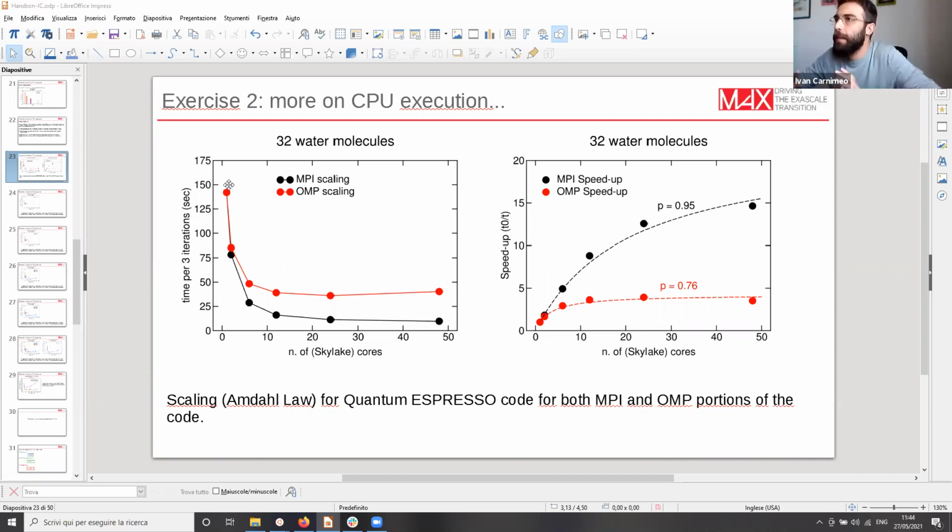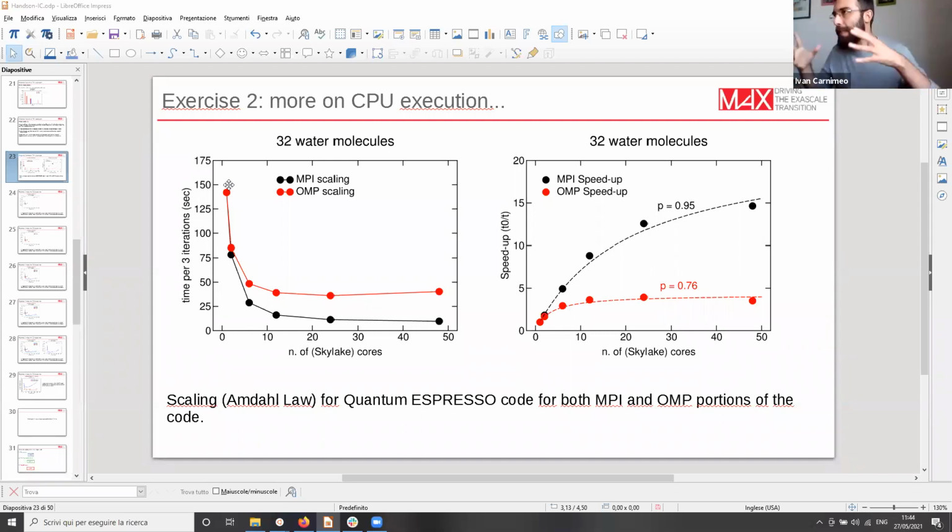Please consider that the main basic difference between the two approaches is that with MPI, I am dividing the memory. My data are divided into 48 smaller batches, and I will have one core working on one batch of data. So memory is distributed.